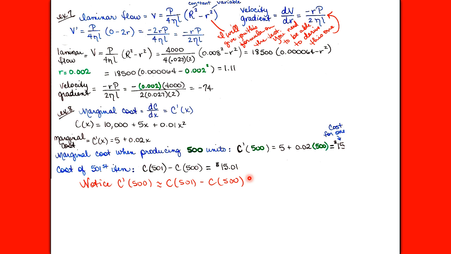If I got $15 for one of them and $1,000 for the other, something's wrong. And sometimes finding one of these is much easier than finding the other. Not necessarily in our example here, but in a real world situation, it might be much easier to find the marginal cost than it would be to find the actual cost of one item, or vice versa. And so it's nice to have two ways that we can do that.